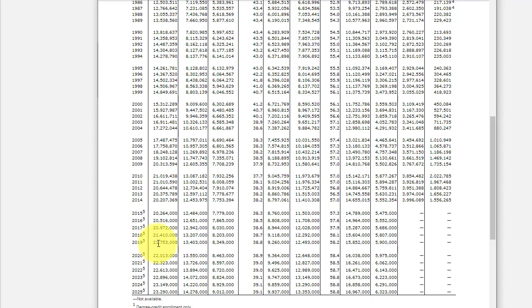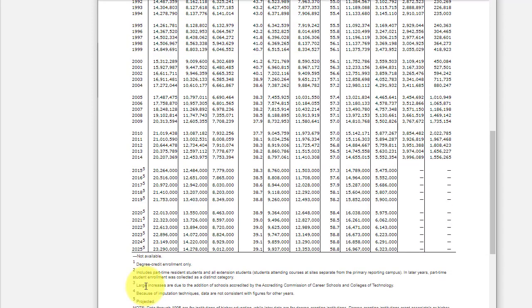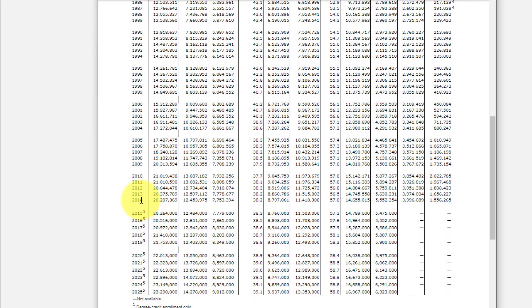So we've increased the number of people in colleges tenfold, and it's expected to increase to 23,290,000 in the year 2025. Oh, pardon me. 2014 was the last when we had the actual numbers. The rest are projected. So 2019 wasn't the last. 2014 was, but it still is at 20,207,000, which is still approximately a tenfold increase.